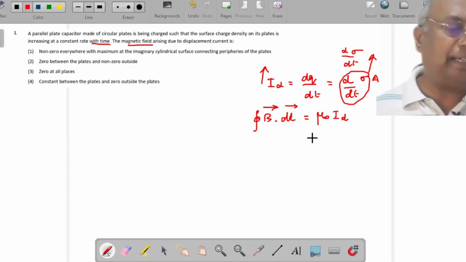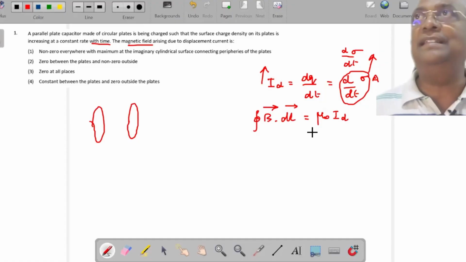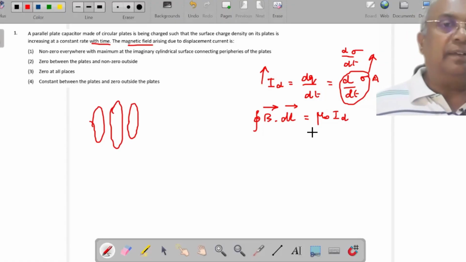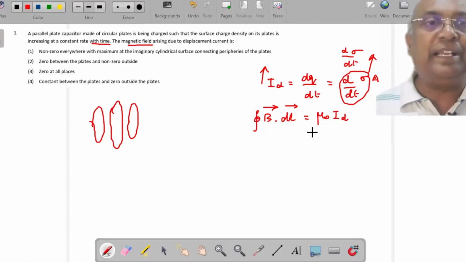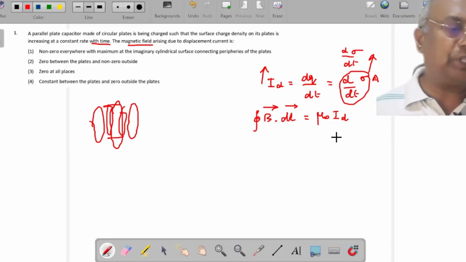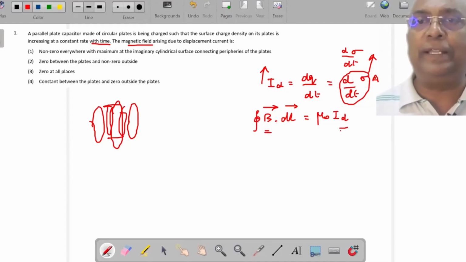If the displacement current increases, this is a circular plate and here is another plate. This is the varying electric field, and a magnetic field exists around it. We know it is a cylindrical region through which the magnetic field passes. So the conclusion is that the magnetic field also increases with the displacement current.